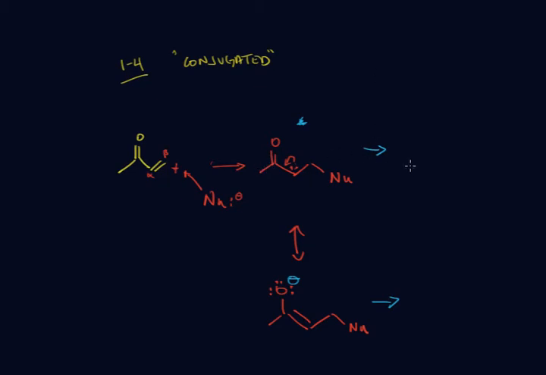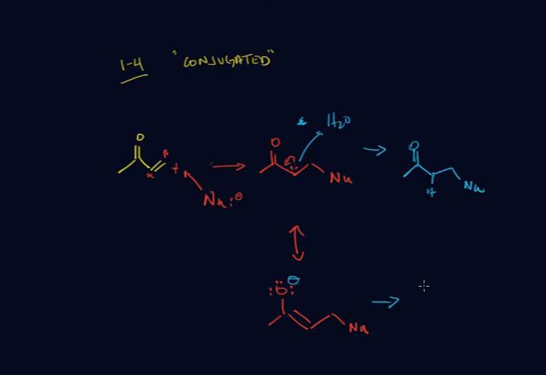Up in this top example, you would protonate that negative charge when you have your aqueous workup. And so you'd have that hydrogen right there. And then you'd have your nucleophile, and the double bond would be in the carbonyl group.